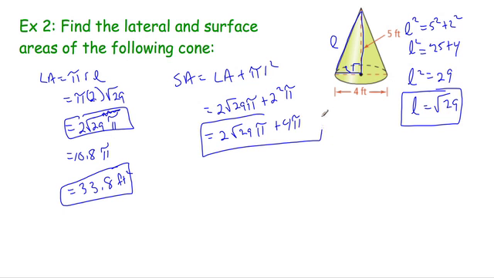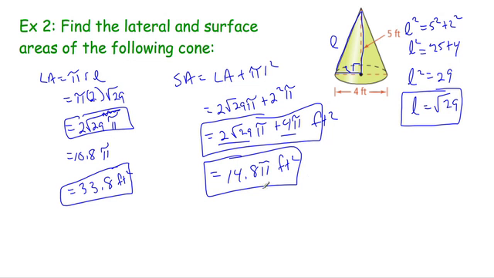Again, this would be our exact answer. If we wanted a decimal approximation, I could add these two things together, maybe make it a little bit nicer, and I get 14.8 pi feet squared. All right? If I said round to the nearest tenth, I would put in 14.8 times pi and get my answer that way.